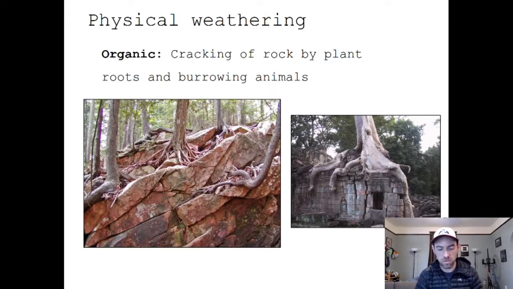If you start with a small fracture, for example, a plant root can get in there, and plant roots can do similar to what ice does. They can expand and contract as they uptake and release water, for example, during the days and nights. During the daily cycling, those roots can grow and shrink just a tiny little bit, but enough to cause a stress on that rock and to slowly break it apart.